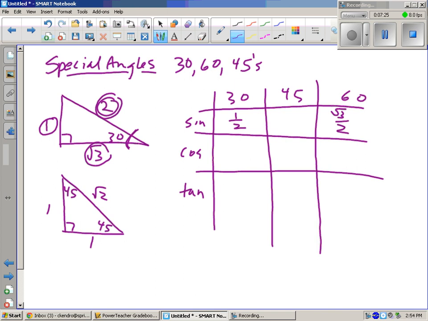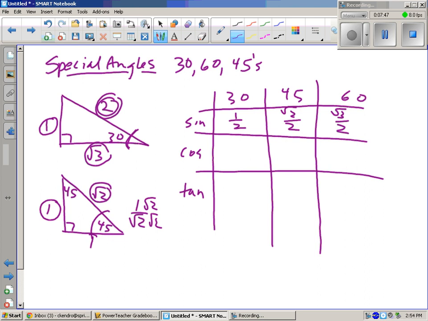Let's look at the 45. Opposite, here's our 45. Opposite over hypotenuse, 1 over root 2, but remember we got to get the radical out of there, so it's root 2 over 2. Now the cosine, it's going to be backwards for the sine and cosine, they're going to be opposite.